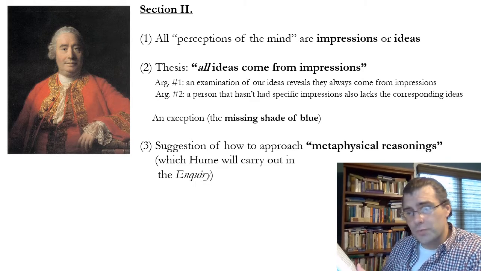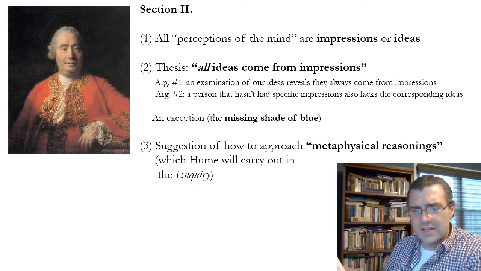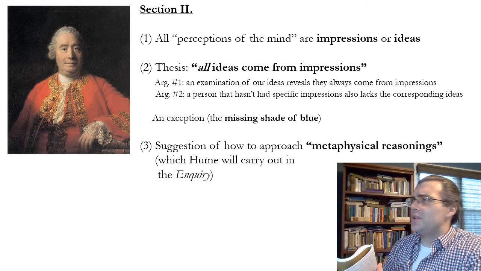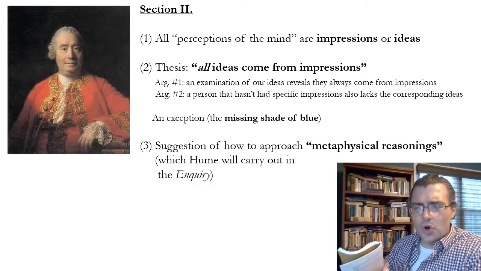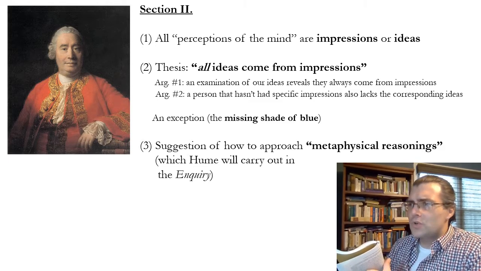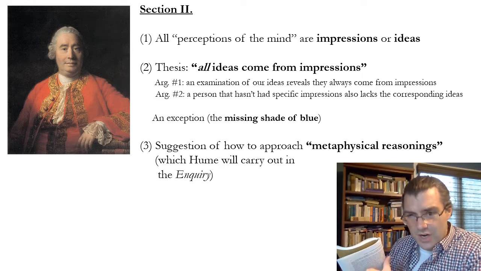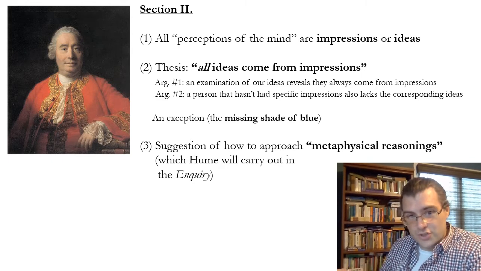But also, kind of big questions about the nature of reality, or what is the definition of cause and effect and the relationship between cause and effect, whether the mind is the same kind of substance as the body, those kinds of metaphysical questions.